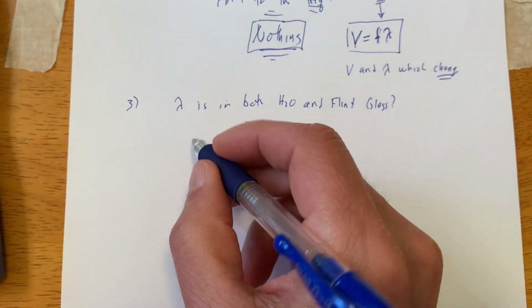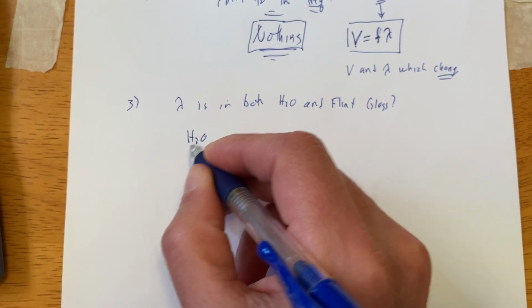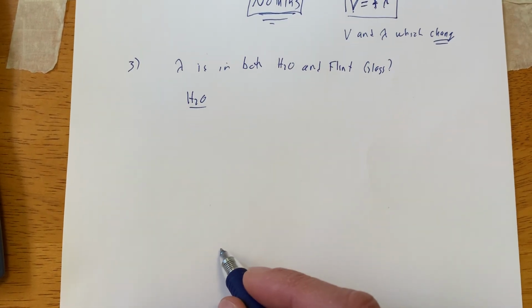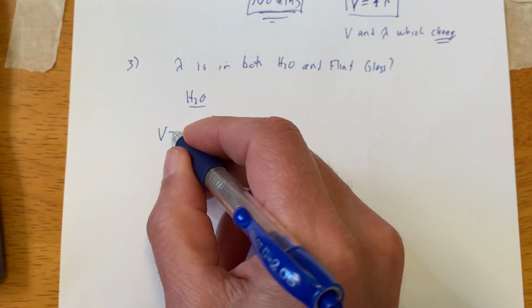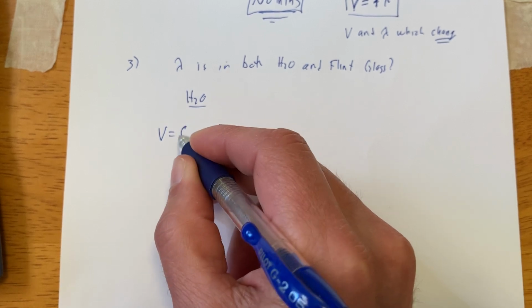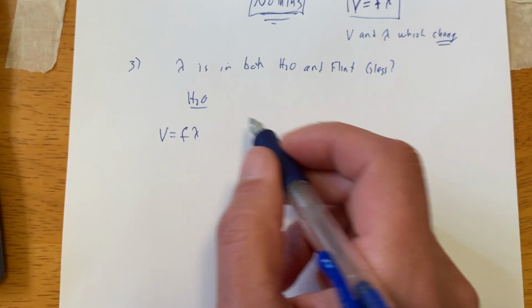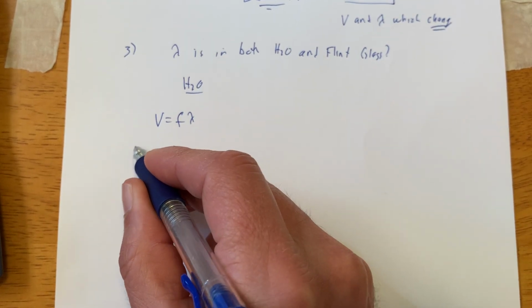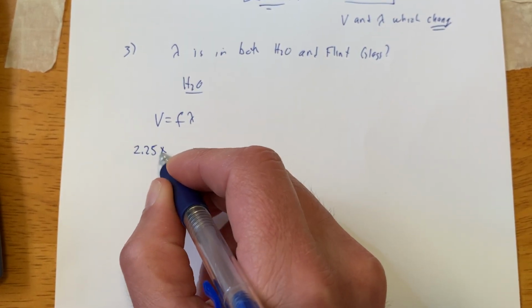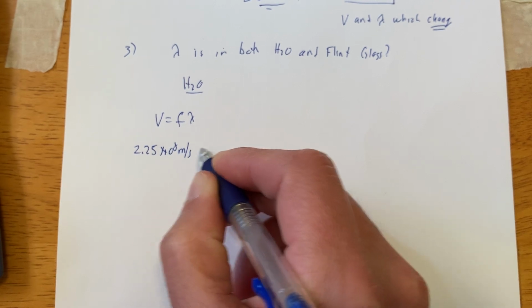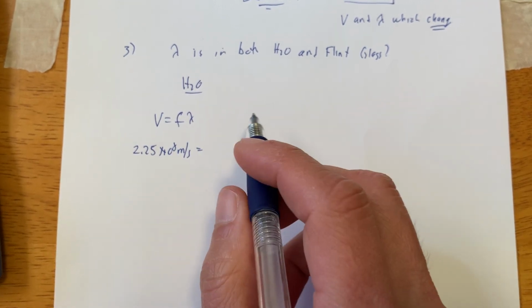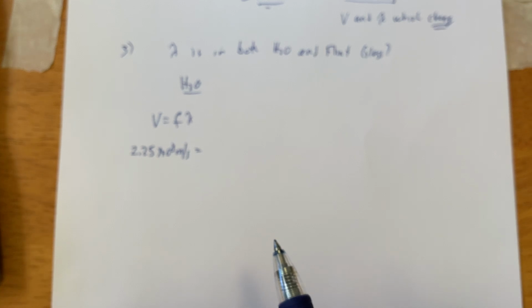Let's just say H2O. So what's the equation that governs my wave? Velocity is equal to what? Frequency times wavelength. Well, luckily for H2O, I already found out how fast the wave travels: 2.25 times 10 to the 8th meters per second. What's my frequency? All right, ready?